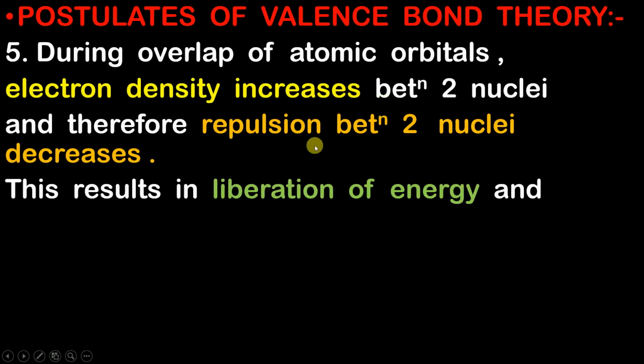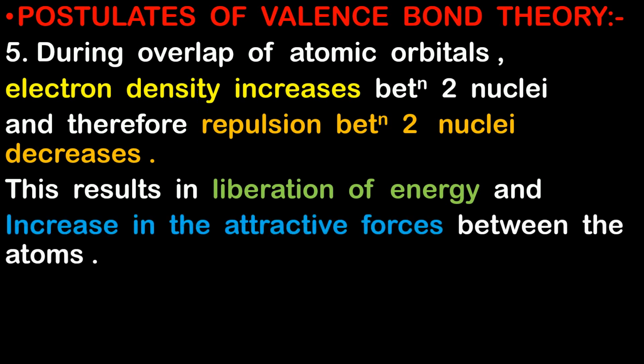Now, due to this, there is a liberation of energy. So when the repulsion decreases, there is a liberation of energy, and this liberation of energy increases the attractive forces between the atoms.